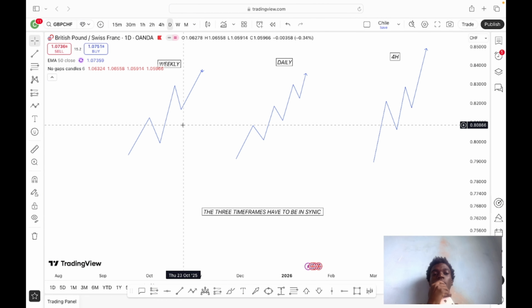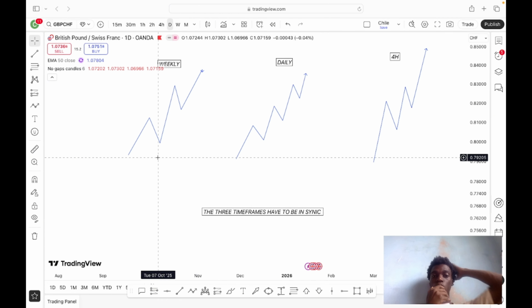So for us to identify the trend, we have to find 3 time frames which are in sync, which is the weekly, the daily, and the 4 hour. 3 time frames have to be in sync.